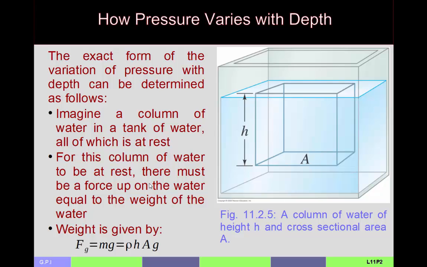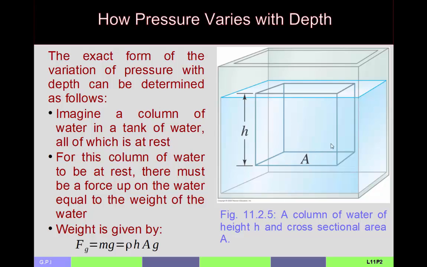So how does pressure vary with depth? Well, specifically, if you have a unit of fluid, say in this smaller box that has a height h and a cross-sectional area A, then there is a volume A times h worth of water in here, or of other fluid.